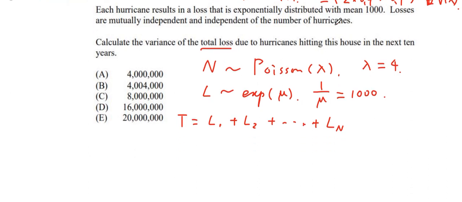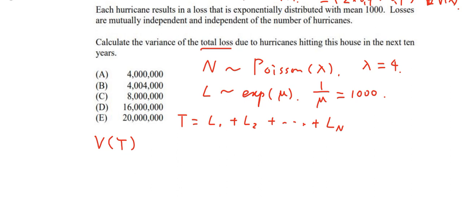So we want to find V[T]. Here L is a random variable, and N is also a random variable, so we have a double random variable.